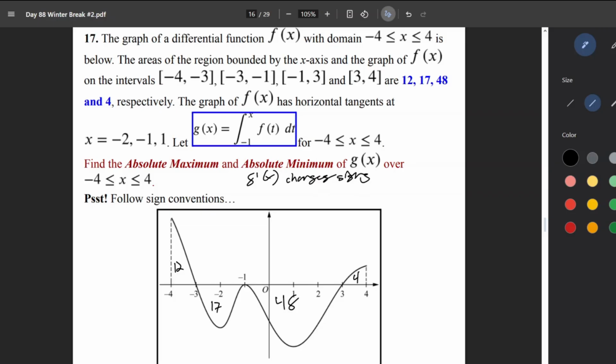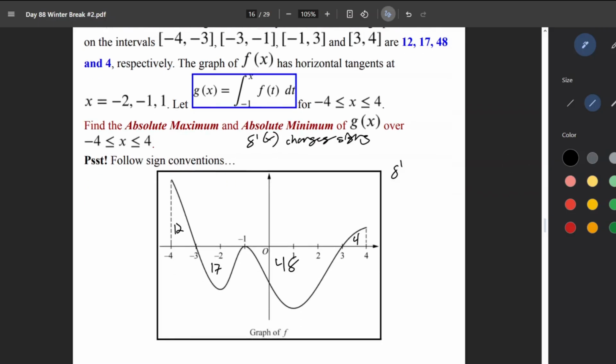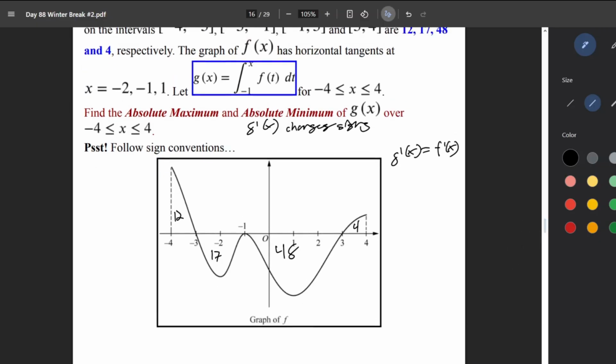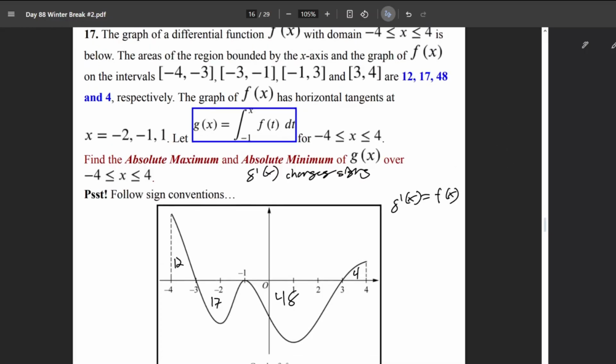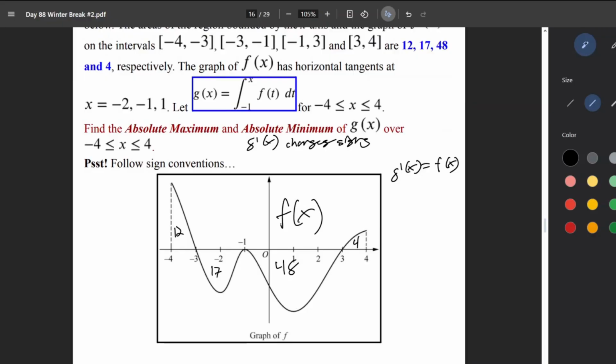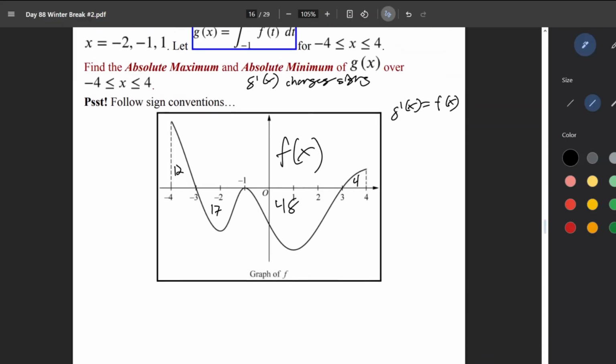So we know that g dash of x equals f of x because FTC2. If you actually do the work here, you'll find it is g dash of x times 1 times f of x. Sorry, not f dash of x, just f of x. And since this is the graph of f of x, we just have to find where it switches signs. And we know max is from plus to minus, and a min is from minus to plus.